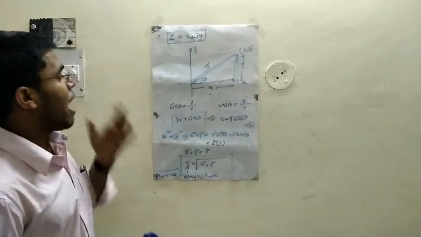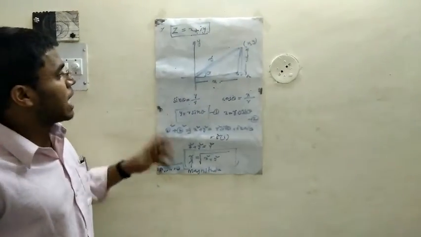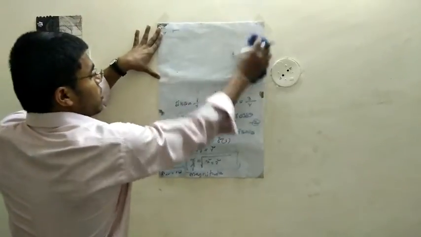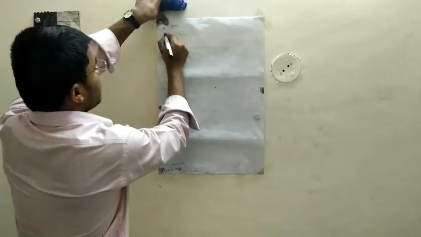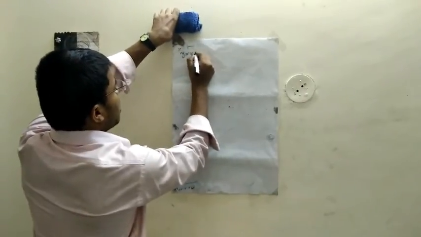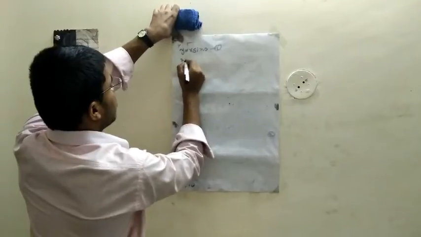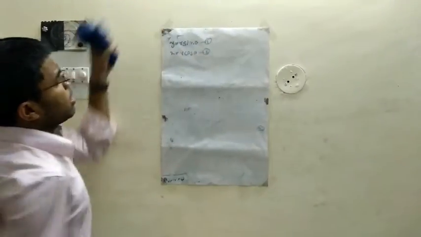Now we have to find the argument of the complex number. Argument is nothing but how much angle it is going. We have two equations. Equation number 1: y equals r sin theta. Equation number 2: x equals r cos theta.